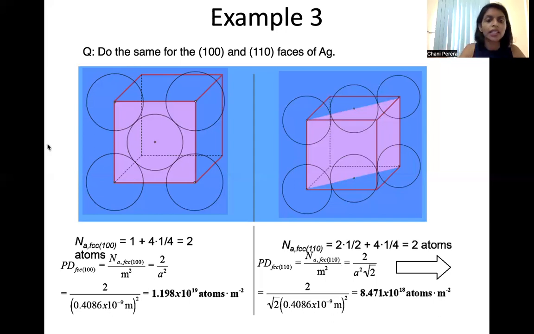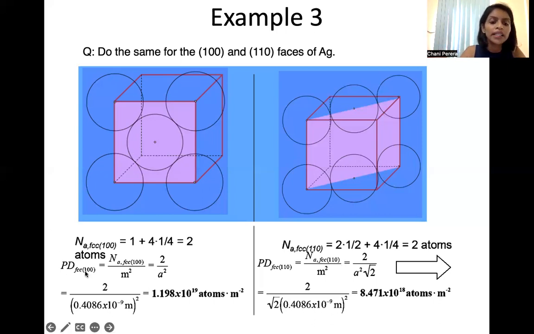So there's going to be 1 full atom, and 1/4 of an atom at each of the four corners. So there will be 4 quarter atoms. Altogether there will be 2 complete atoms in this plane if you cleave it along the 100 plane.